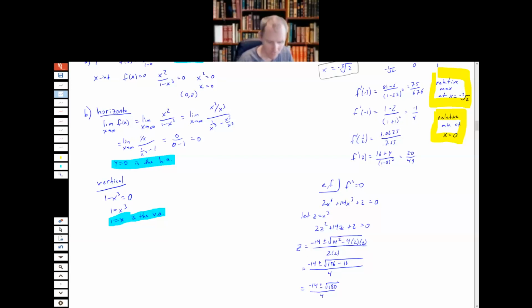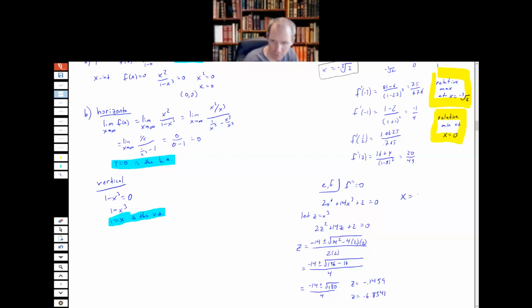Same deal. We're going to plug this in to get a decimal approximation. So I get that z could either be negative 0.1459 or z could be negative 6.8541.